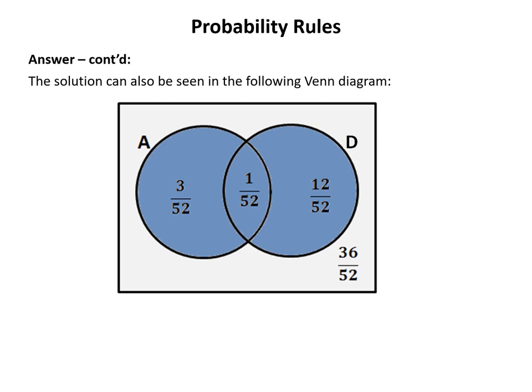The first one is the set A, the second one is the set D, and the intersection there is the 1 out of 52, that's the ace of diamonds. We can also see that there are 36 cards that are neither aces nor diamonds. So from the diagram, if we added that up, we would get the 16 out of 52, which equals 4 out of 13.